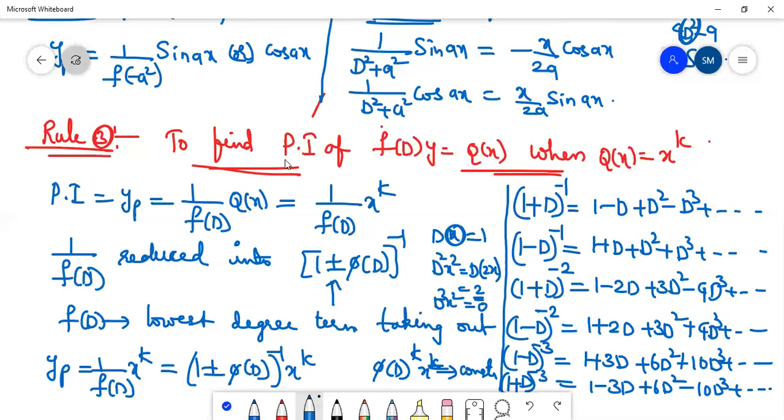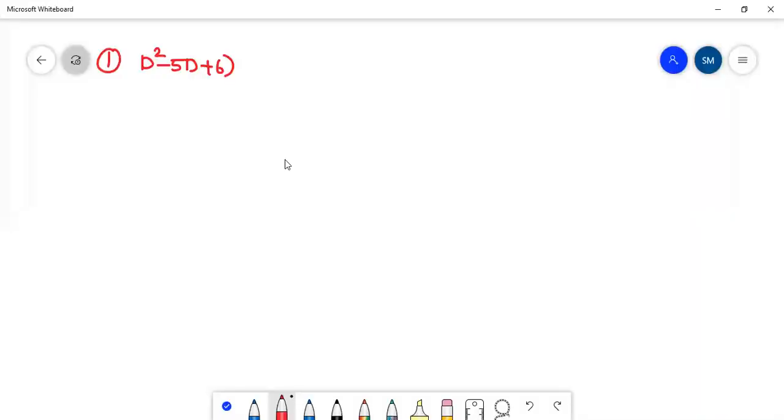The first problem is d square minus 5d plus 6 into y is equal to e power 4x. How to solve such type of problems? First, observe that the given problem is in the form of Rule 1.